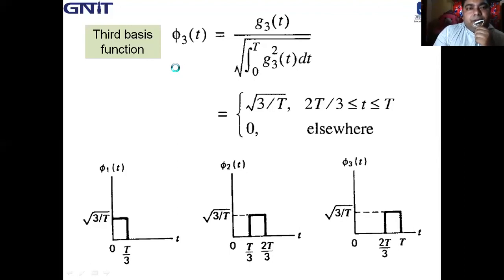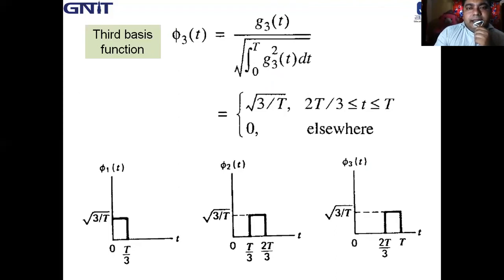Therefore, the third basis function phi 3(t) is equal to G3(t) divided by the square root of the integral from 0 to T of G3 square (t) dt. We know the value of G3(t) from the last slide.